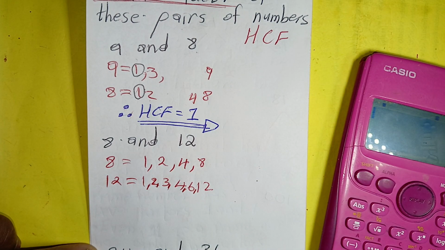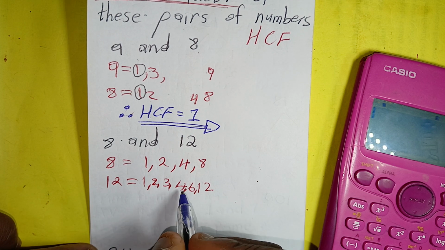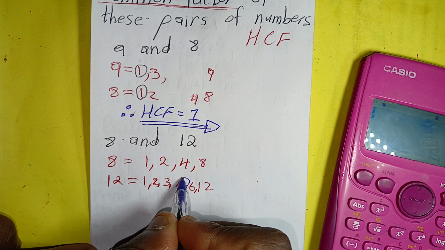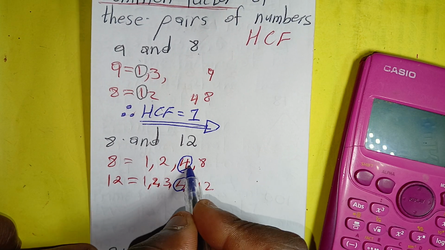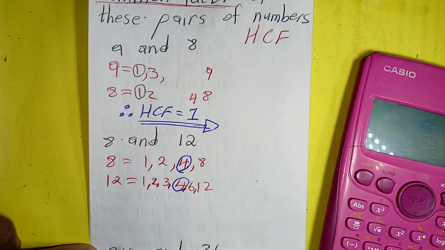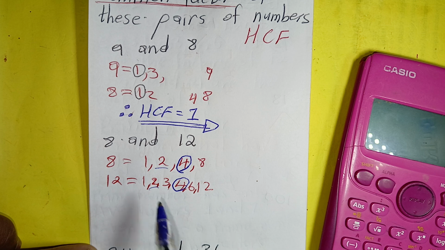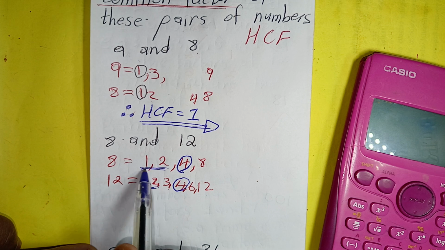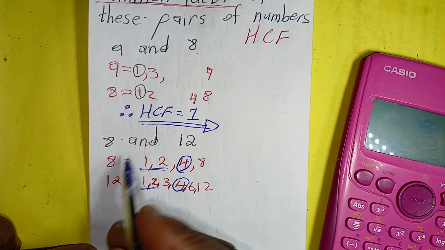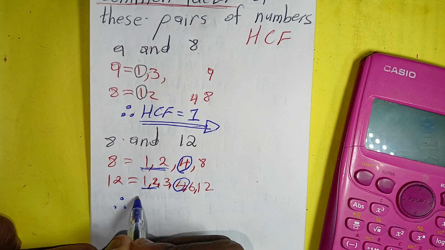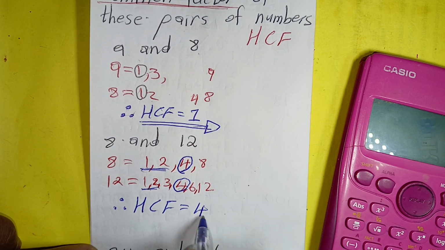Then for this one, if you notice, the highest common factor, the factor which is the most high, is 4. It is the one which is highest among all of the factors. Even this one, you can see these are common factors, but the highest is 4. So you can say, therefore, the highest common factor is only 4 here.